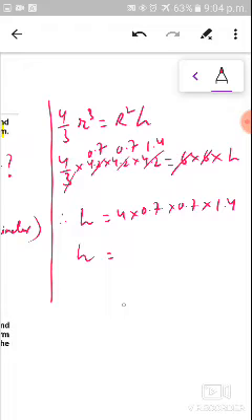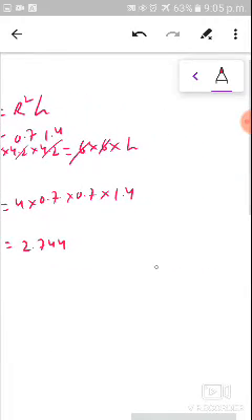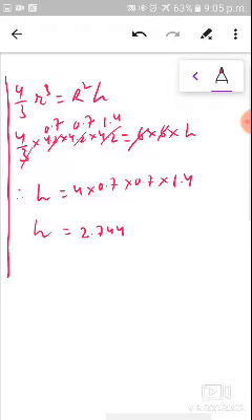So that is 2.744 centimeter. Yes. Okay, right?